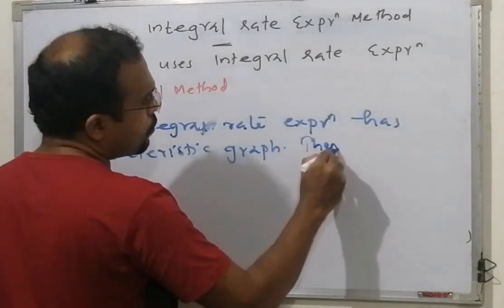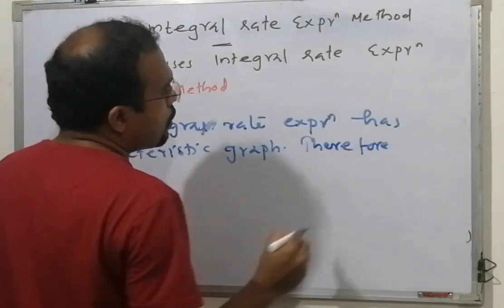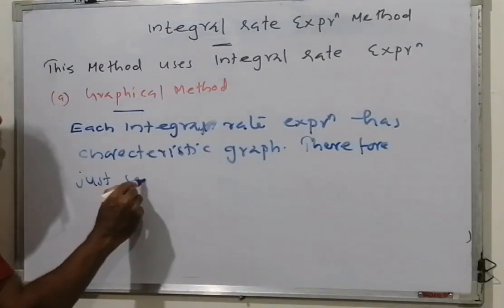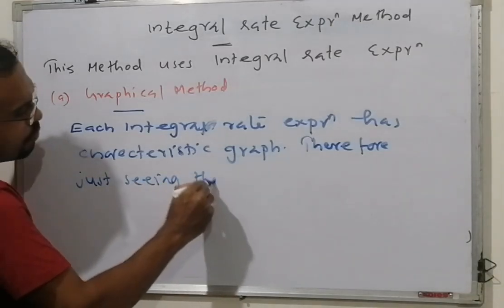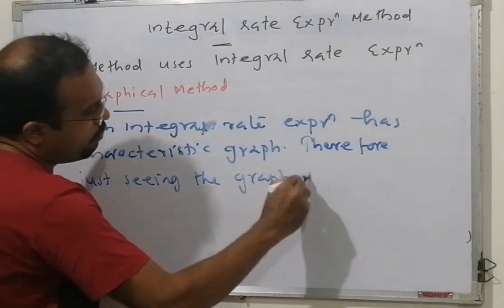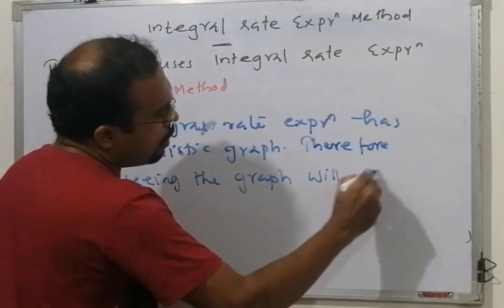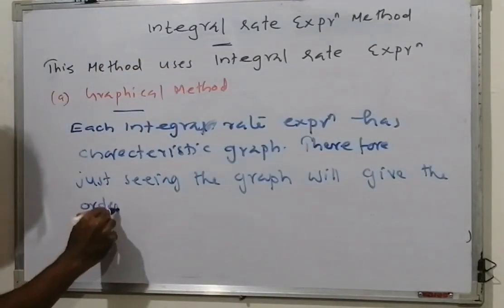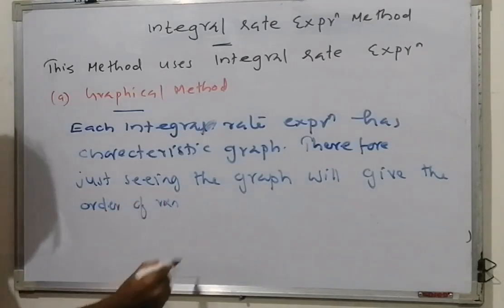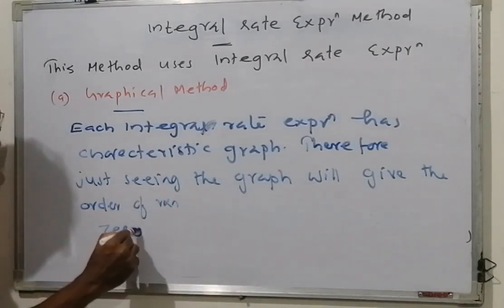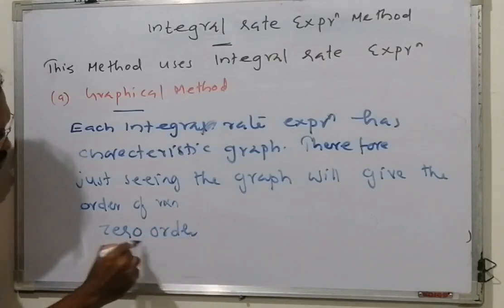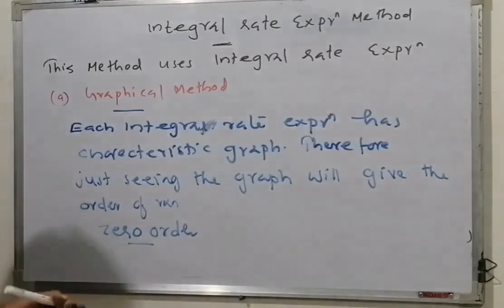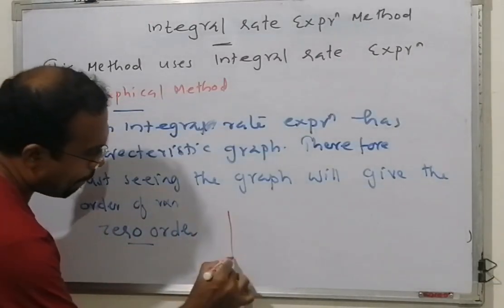Therefore, just seeing the graph will give the order of the reaction. For example, zero order. You know, the zero order graph is like this.